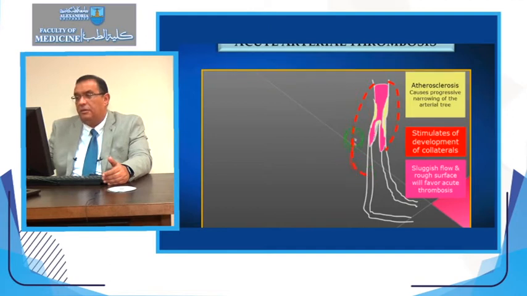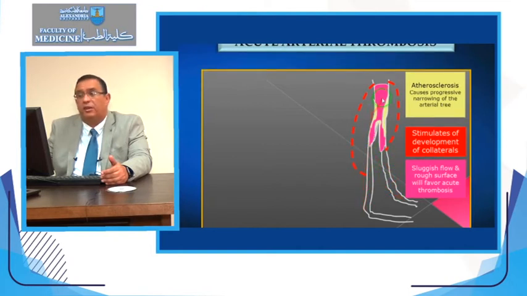This is important because the collaterals make the picture of acute ischemia on top of atherosclerotic vessels, or acute thrombosis, less harmful than acute embolic, but with a worse prognosis than embolic. All these factors lead to sluggish flow and acute thrombosis in the distal vessels.